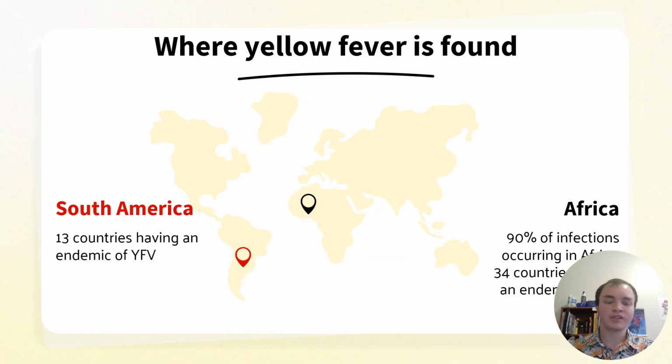So this map is just to give you an idea about where the virus normally lies, as, like I said before, 90% of infections would occur in Africa, with 34 countries within Africa still having an endemic or containing a region with an endemic of yellow fever, while South America would have 13 countries with an endemic of concern over yellow fever.